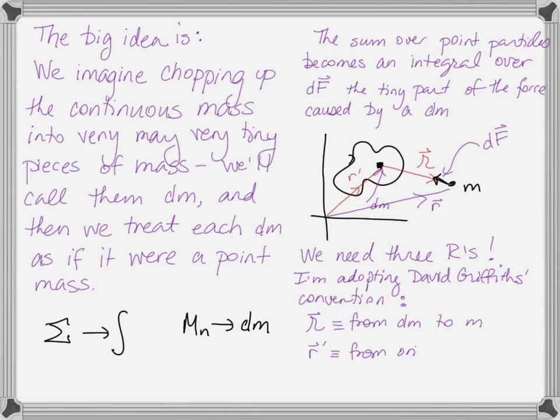So those two vectors add up to be the third. So there we have it, the r prime plus scripty r equals the regular r. That's exactly what I just said when I had the picture in front of us.